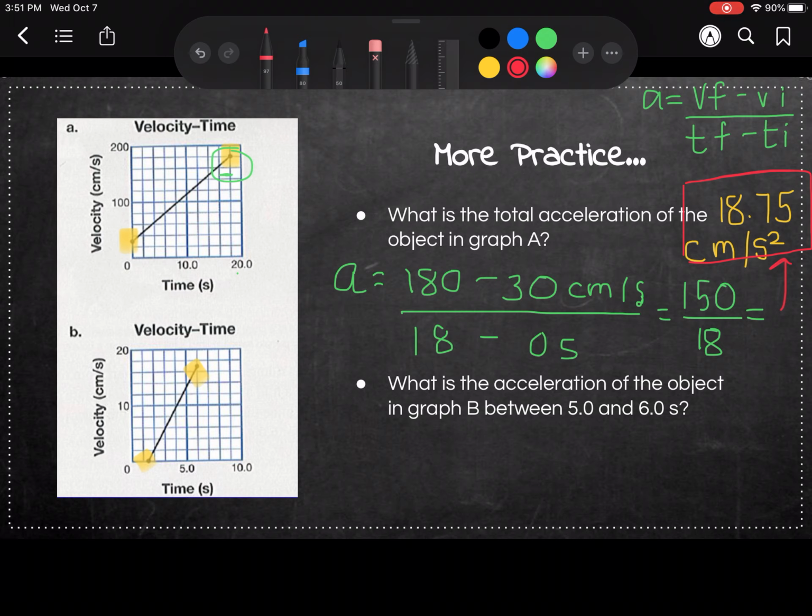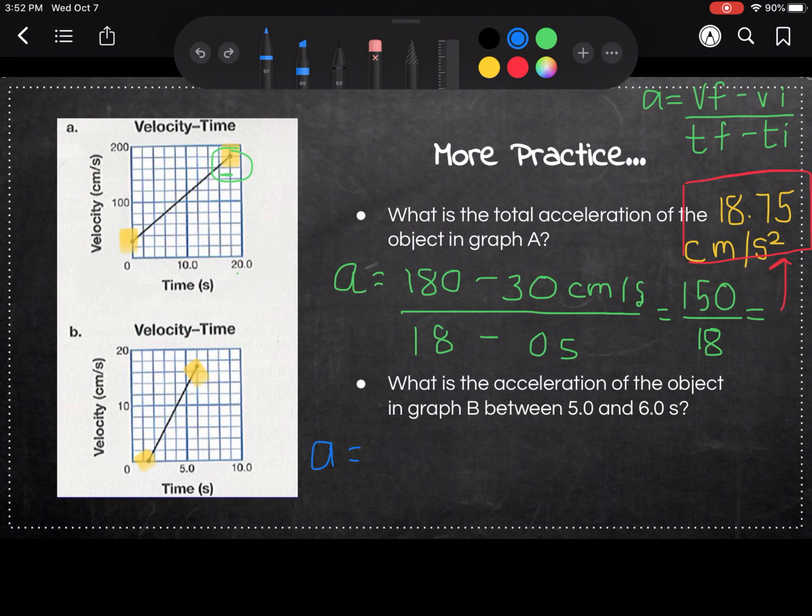The final one, B, what is the acceleration of this? Using the same formula as we see at the very top of this page, I'm going to try this one. So our final velocity is right there. It's a little bit harder to see. It's about halfway between that block.